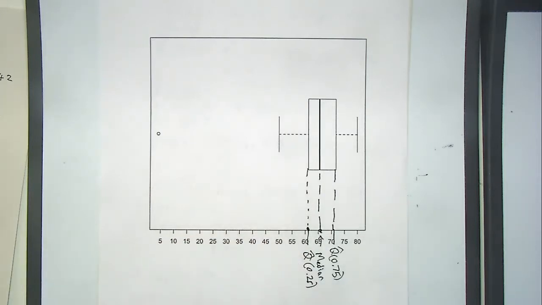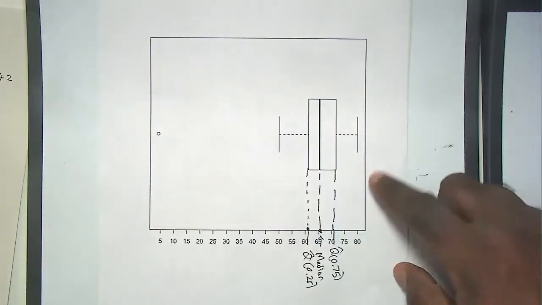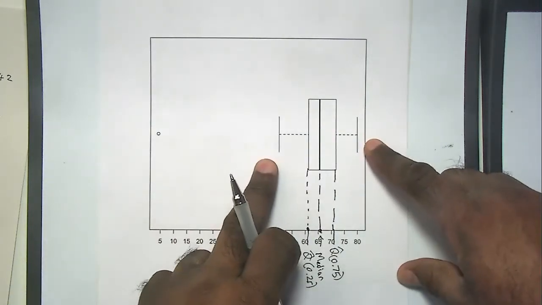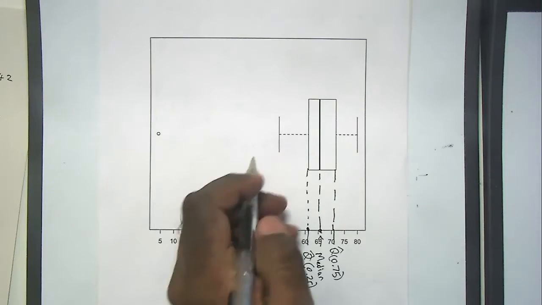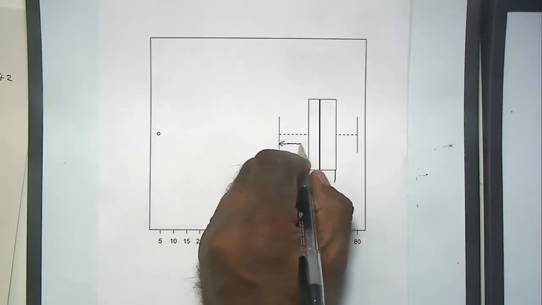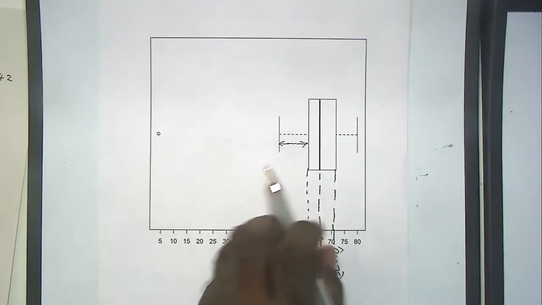Now, how do you draw the outer whiskers? Do you remember that? I explained this in the lectures, guys. What is the distance from this point to this point?